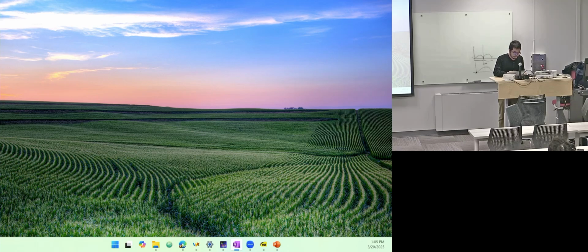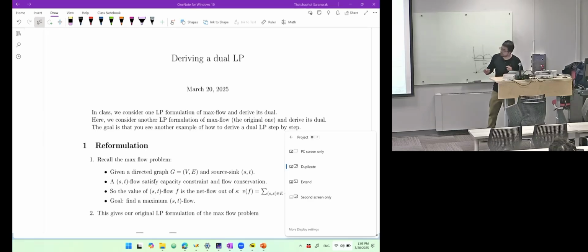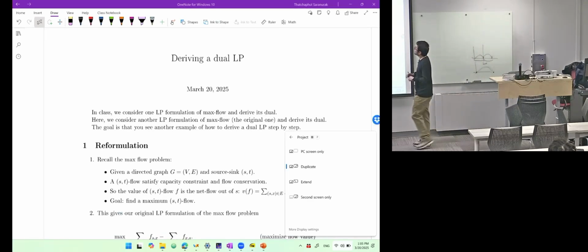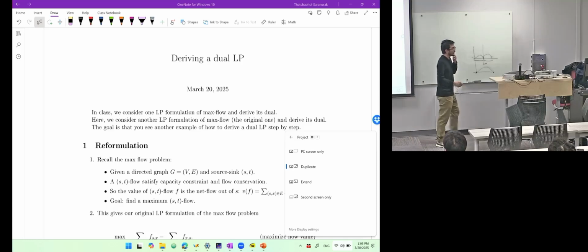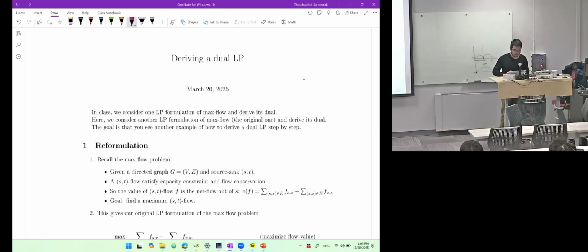By the way, I also put another write-up on deriving the dual. We saw how to derive a dual for one formulation of MaxFlow.